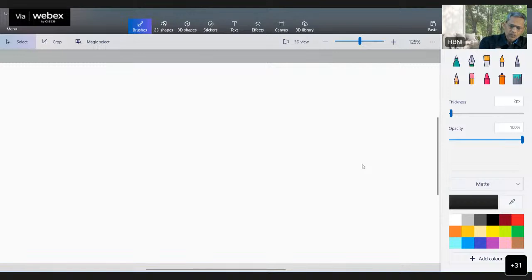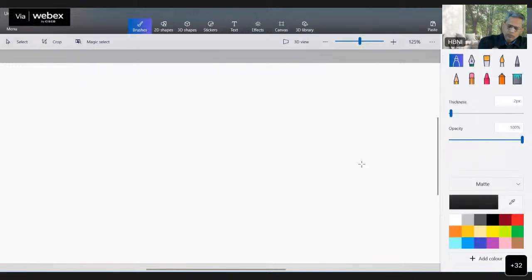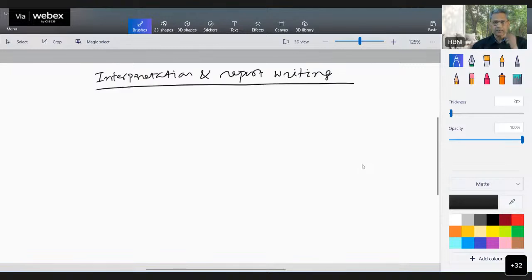So our last process in research methodology, as I told earlier, is interpretation and report writing. There are 6 steps I had told earlier, so this is the last step.